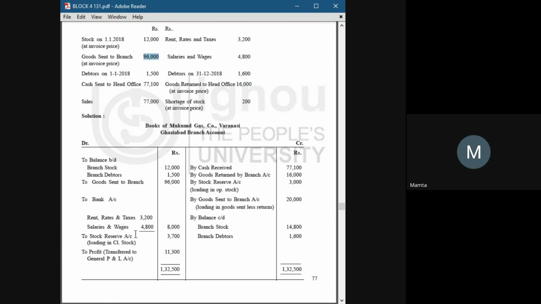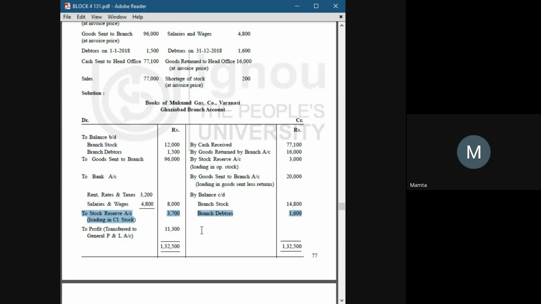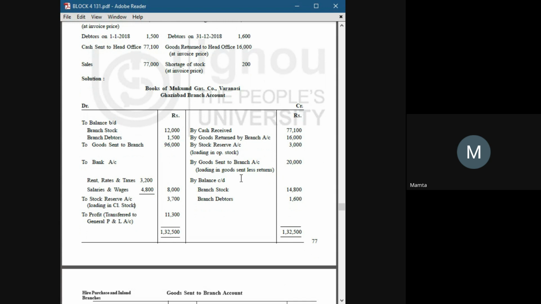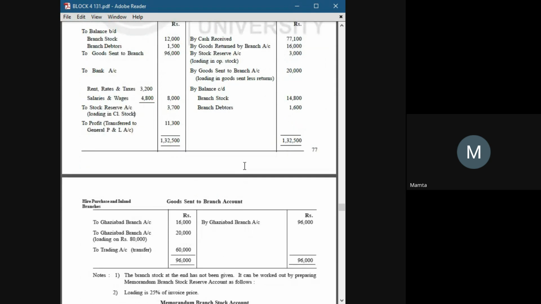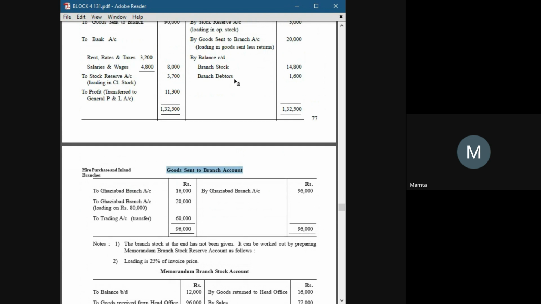When we calculate all this, we get the stock reserve account loading in closing stock of 3,700. We will leave this account here and move to the next account.